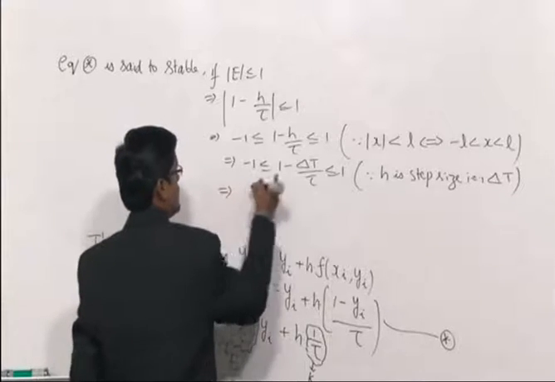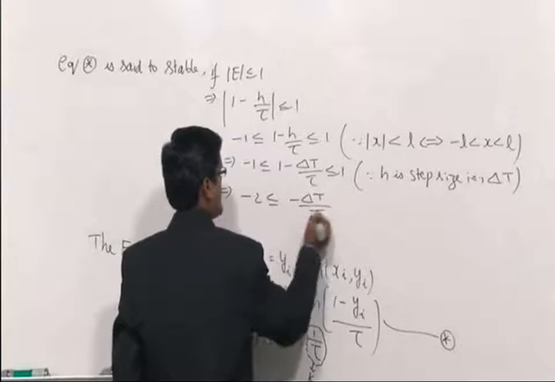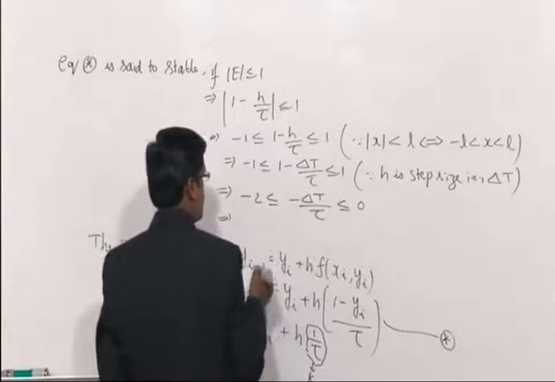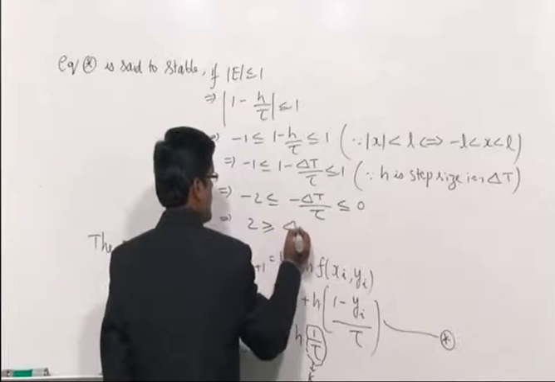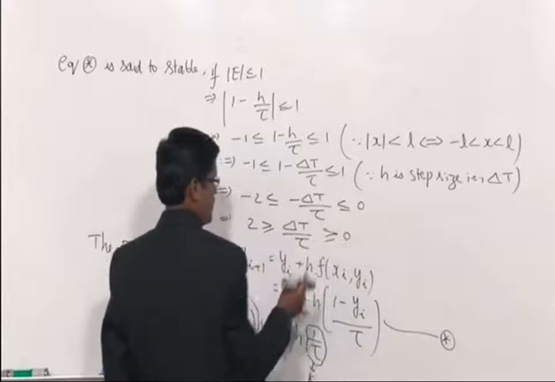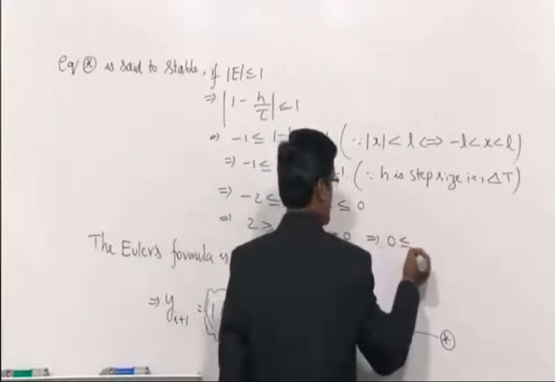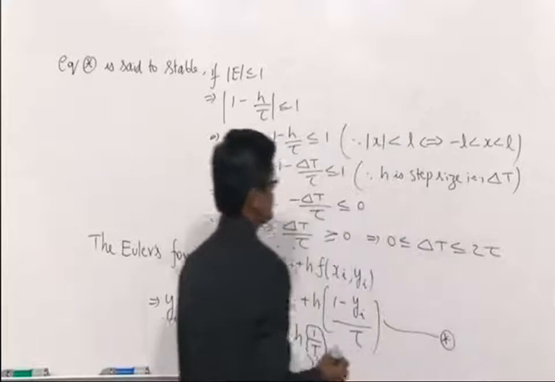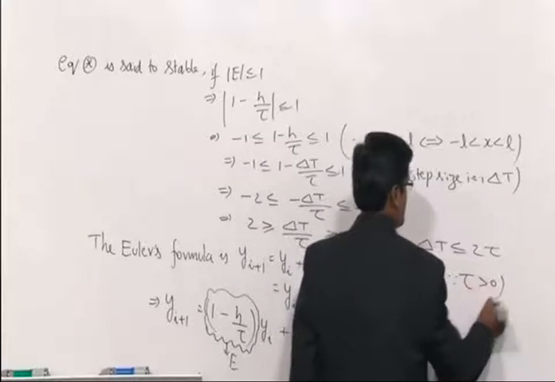So this is minus 2 less than or equal to minus delta t by tau less than or equal to 0. Multiplying by minus and tau, this becomes 2 greater than or equal to delta t by tau greater than or equal to 0. So this can be written as 0 less than or equal to delta t less than or equal to 2 times tau, since tau greater than 0.